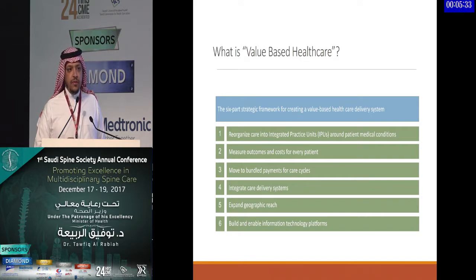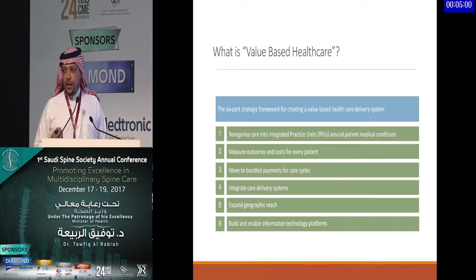Probably most of us have heard of value-based healthcare as a terminology. This is becoming a global trend and a global movement that tries to take this concept of value, which is looking at outcomes and at the same time looking at costs, but doing this at the right level, which is patient level, and at the right scope, which is the entire clinical pathway, and taking that concept to implementation in practice.